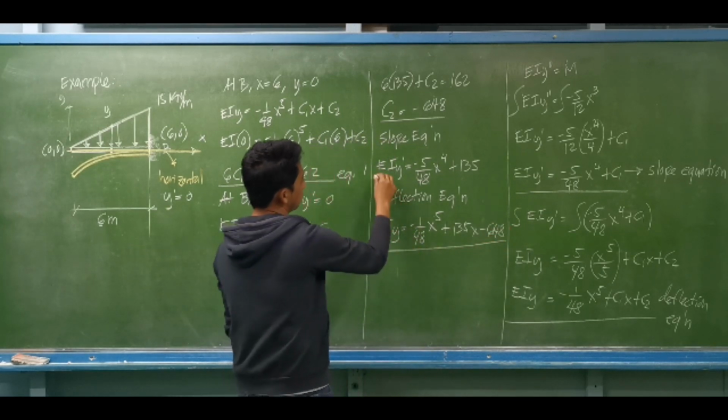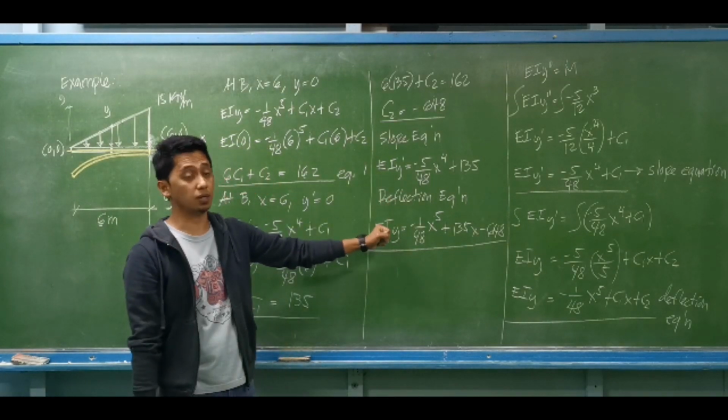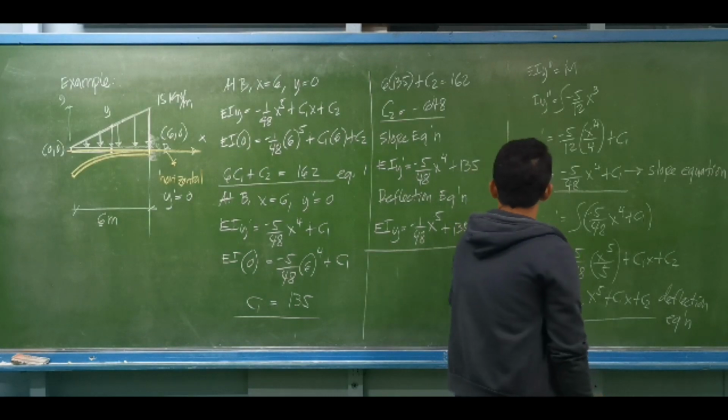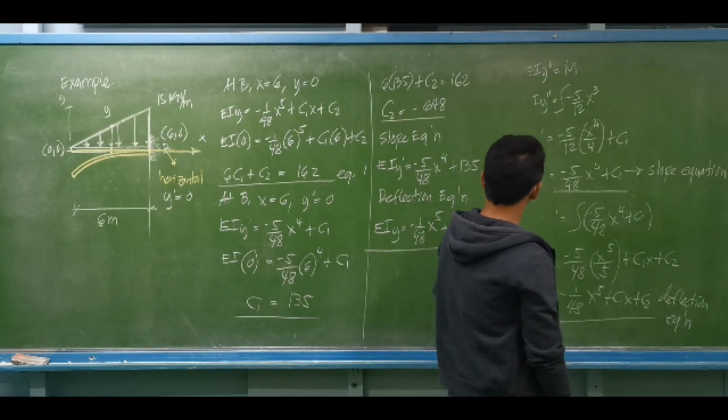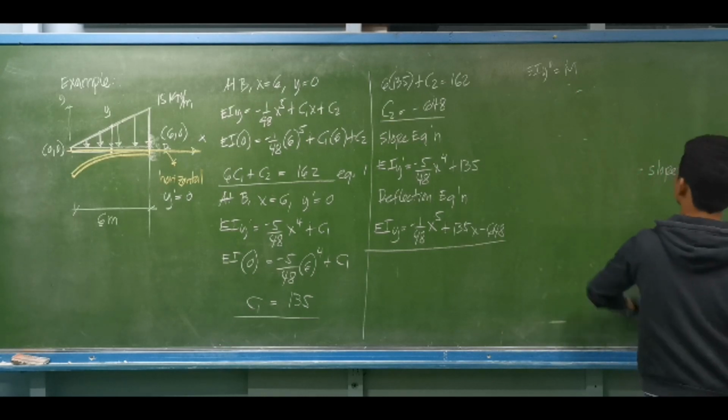So this is our slope equation and deflection equation. So let us solve the required rotation at A and the maximum deflection.